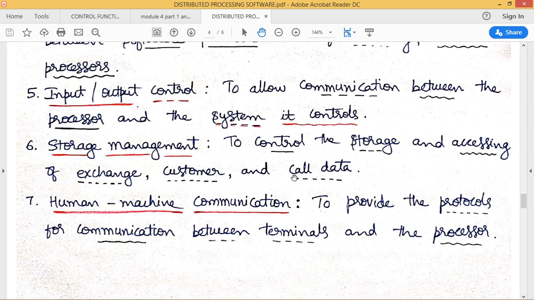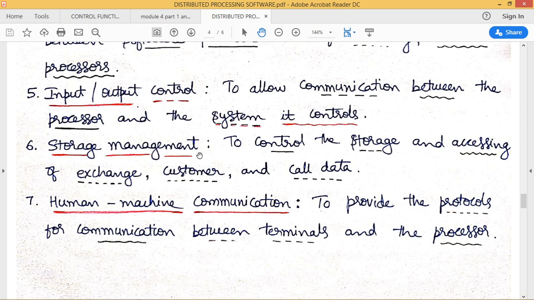Also, call data must be taken care of. So the data associated with the call must be stored inside the exchange. To deal with those things, storage management is a must for a particular exchange.